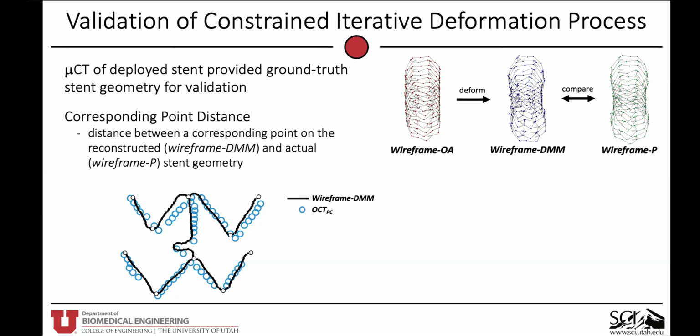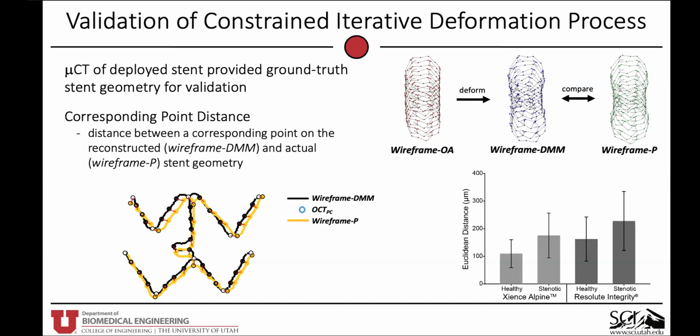What I mean by that is we were able to identify the exact same points in the Phantom wireframe versus the deformed wireframe, and we evaluated the distance between those points, right? That made sure that we were comparing essentially apples to apples in terms of the ability to validate our mapping.